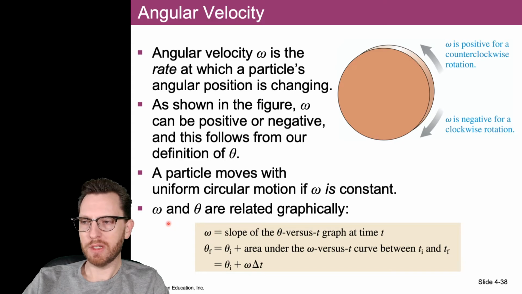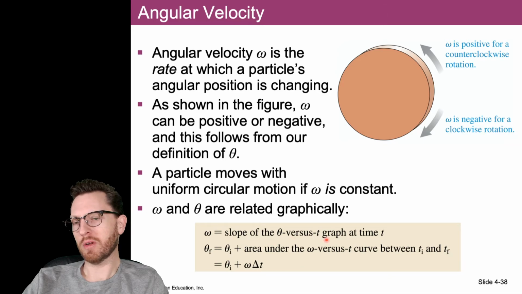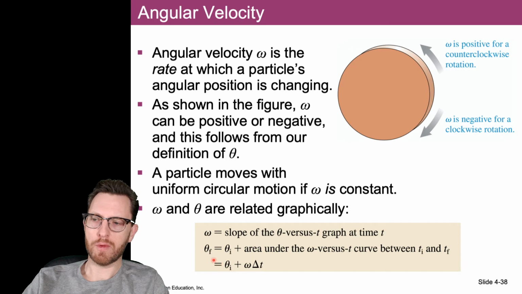Omega, in exactly the same way we saw for the relationship between velocity and position, is just the slope of the theta versus time curve at some given time t. And so I can write a kinematic equation that says the final angular position is equal to the initial position plus the area under the omega versus t curve, or just theta i plus omega delta t.